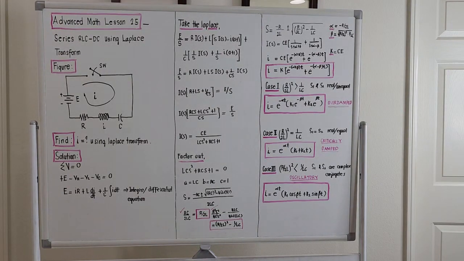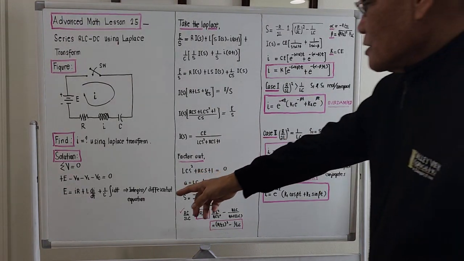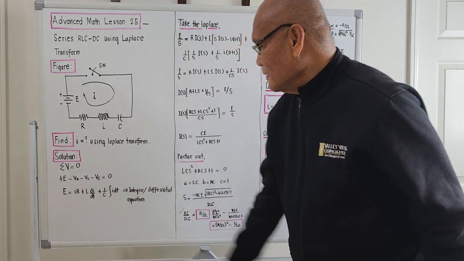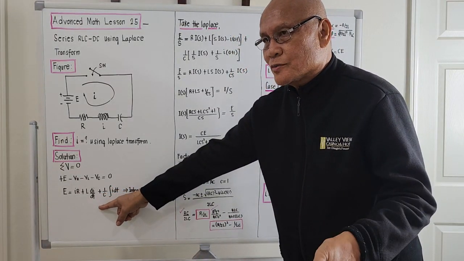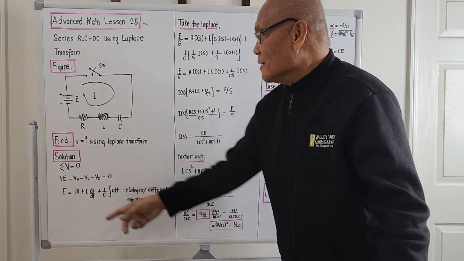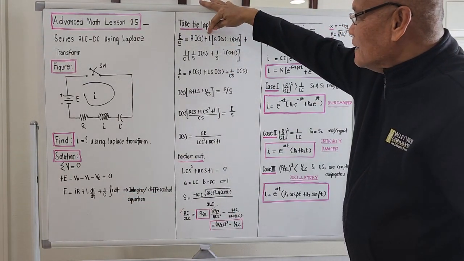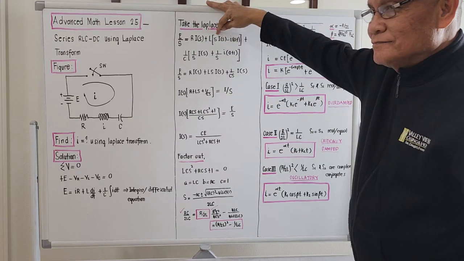Oh, it's still fine. The Laplace transform of L di/dt, we have passed by the formula on how to take the Laplace transform of any differential term, right? So this should be L, it will be S, okay?